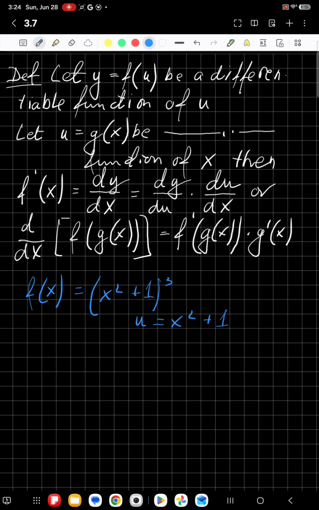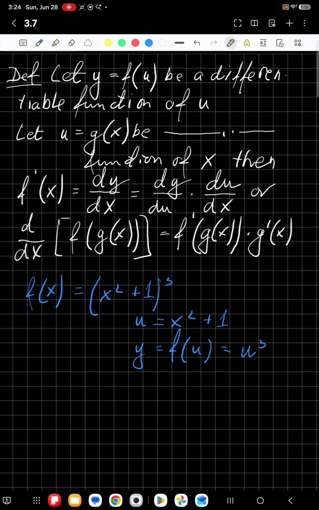Then y is f of u, which is u to the third. I hope you understand. So this is u, and y is f of u, which is going to be u to the third.